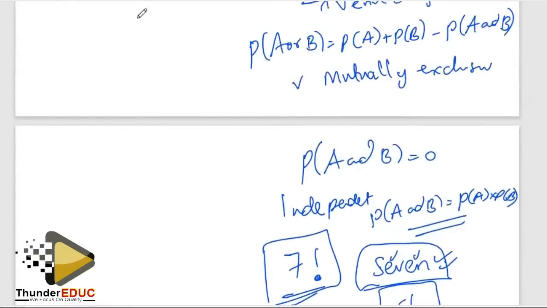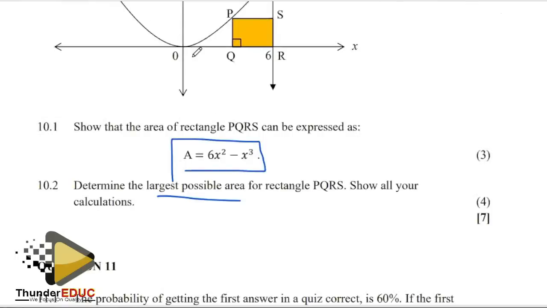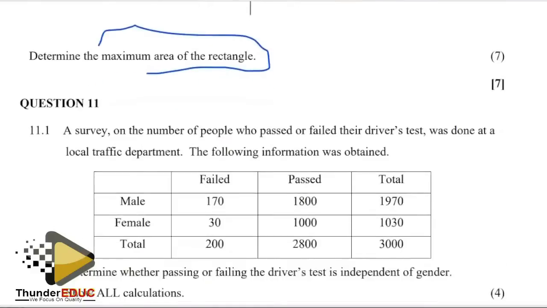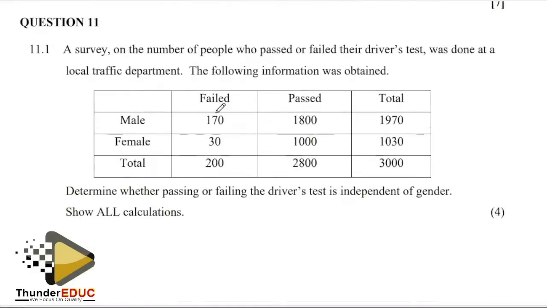So when I quickly have a look at, let me start with this one. In a survey, they're using a table where you have two options, male and female, and failed and passed. So totals must add up, and then they're asking you to determine whether the events are independent. They did not specify the gender, so you have the right to choose your own gender. So in this case, failing and the gender.